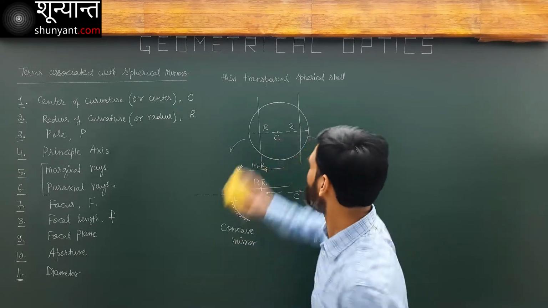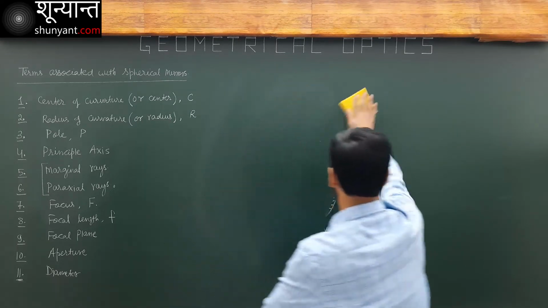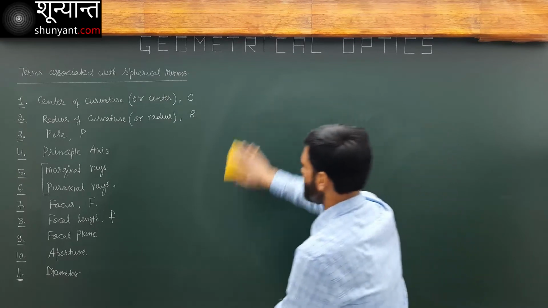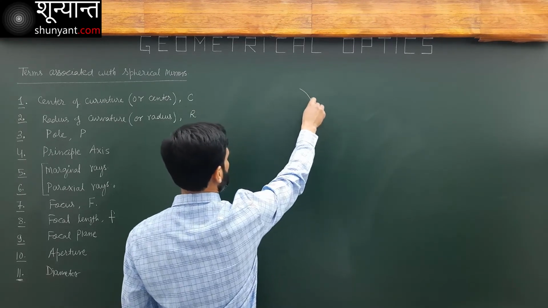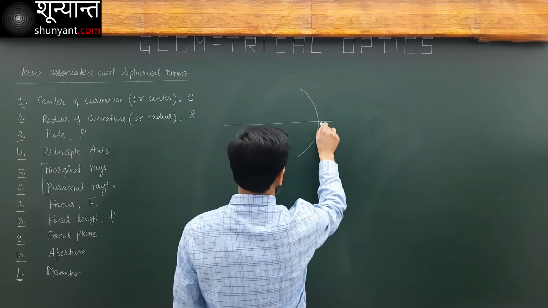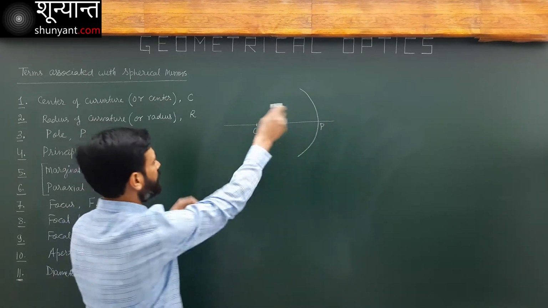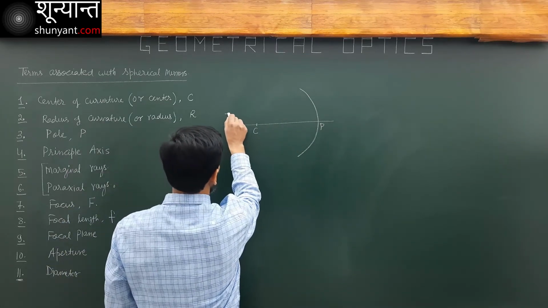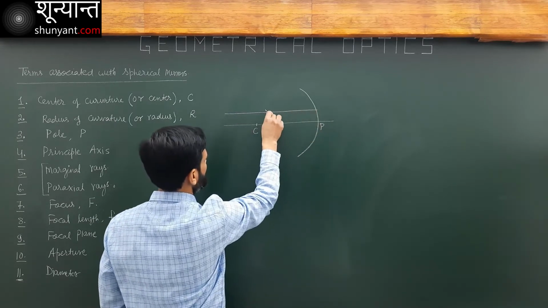Note down. What it means is, let's say I have this concave mirror, this is my concave mirror, this is the pole, and this is the center. This is the paraxial ray, that means a light ray which is very close to the principal axis.